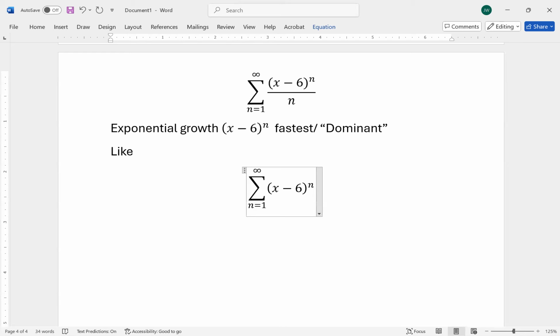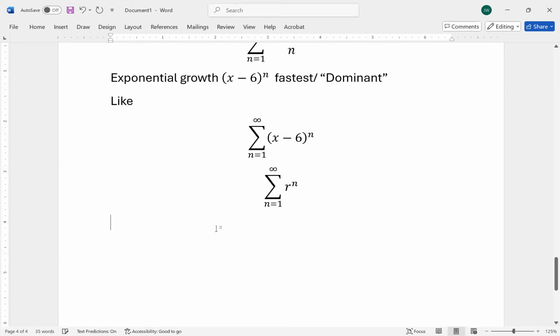And that is a geometric series. That is the same thing as taking r raised to the nth power. And we know that that is going to converge when r is between -1 and 1.